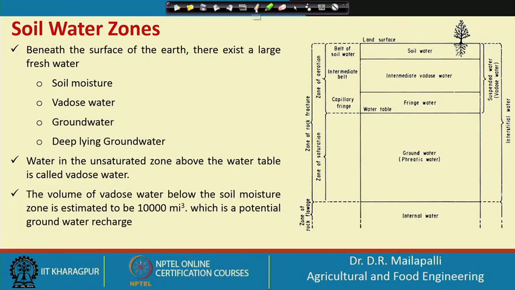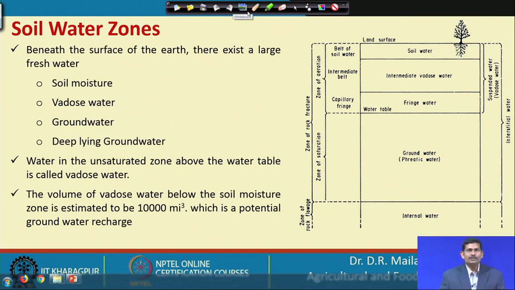Now see here the soil water zones. If you start digging the soil from the surface, you can observe different zones. The first zone, where the crops are grown, is called the soil water zone.